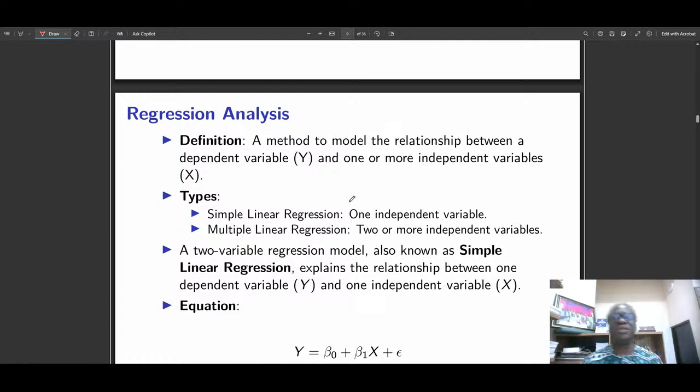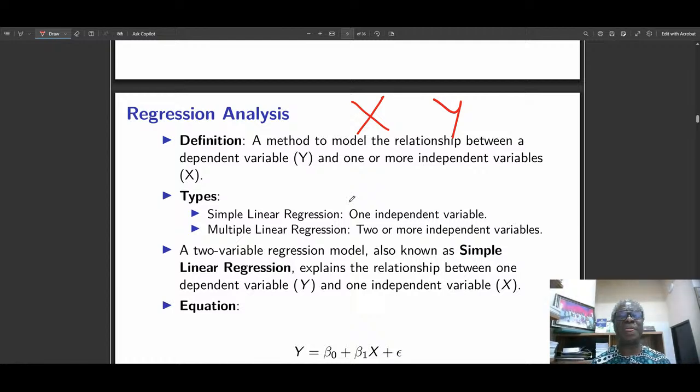First, in regression analysis, you may have two variables, x and y. So we may want to model the relationship between x and y.